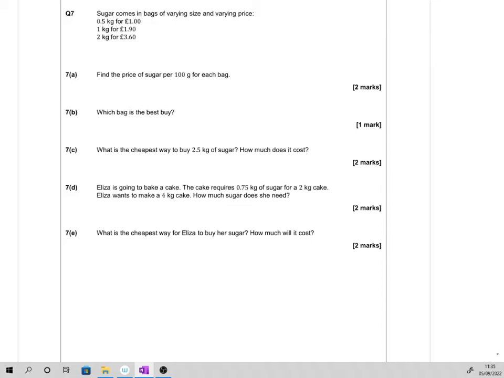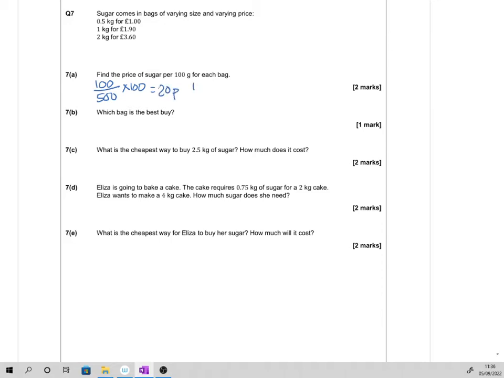Right, so the first one is going to be 100 pence divided by 500 times 100. So that's 20p.